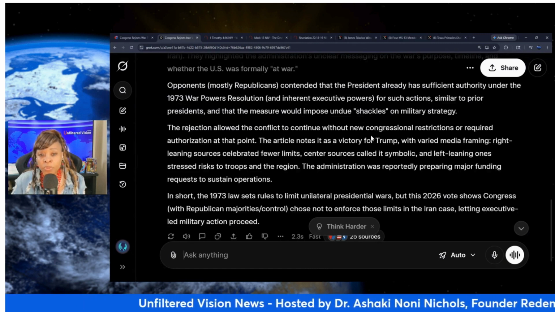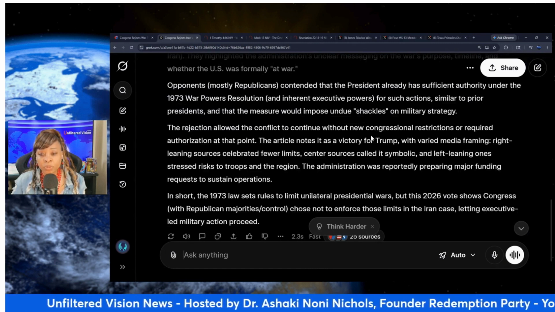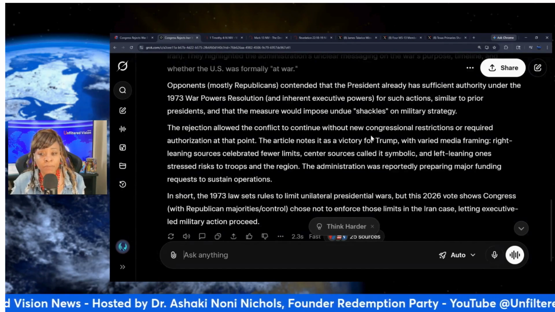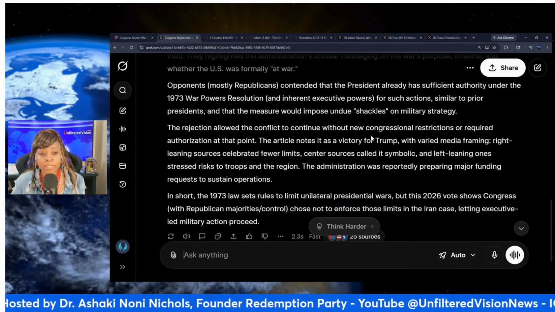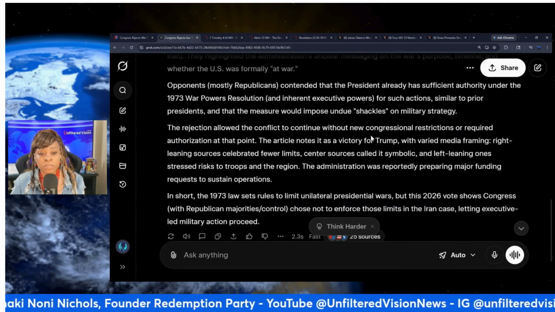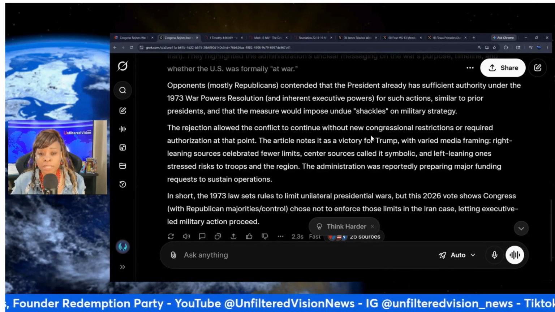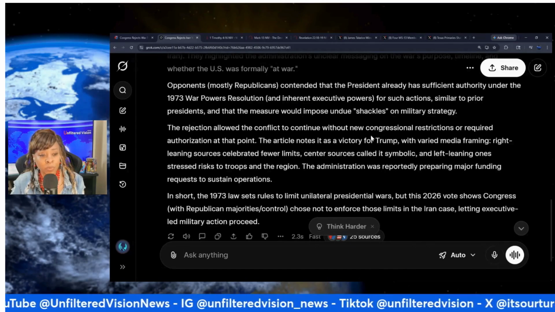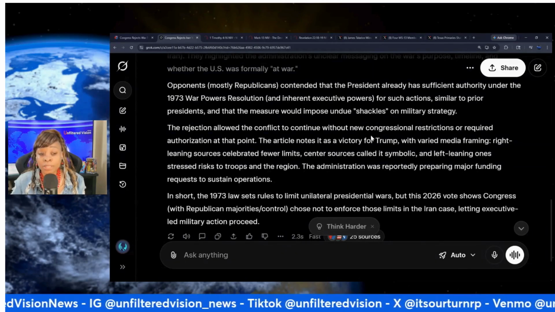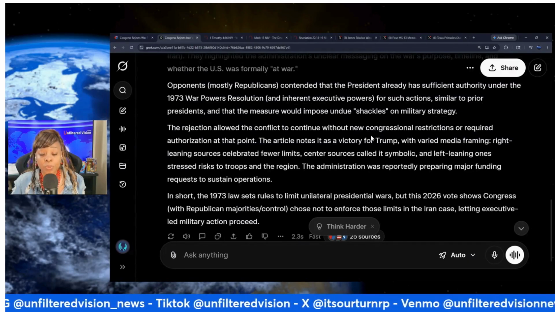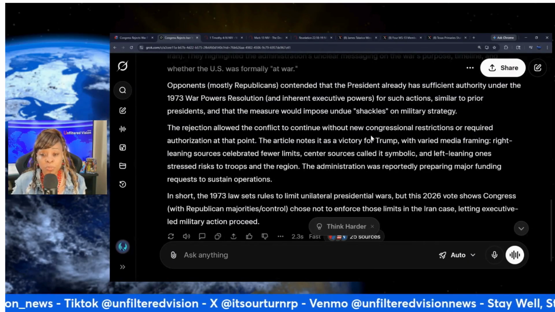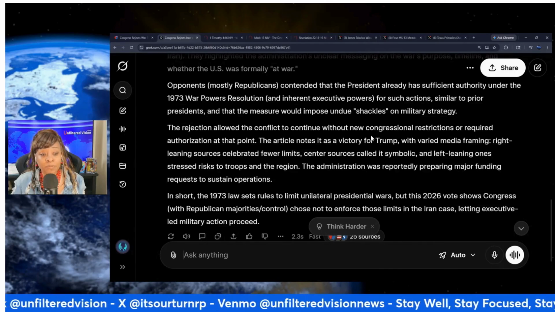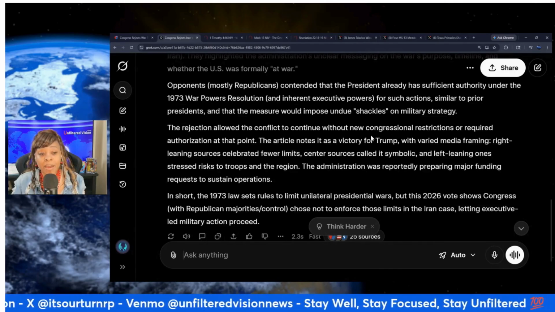The article notes it is a victory for Trump with varied media framing. Right-leaning sources celebrated fewer limits, center sources called it symbolic, and left-leaning ones stressed risk to troops and the region. The administration was reportedly preparing major funding requests to sustain operations.